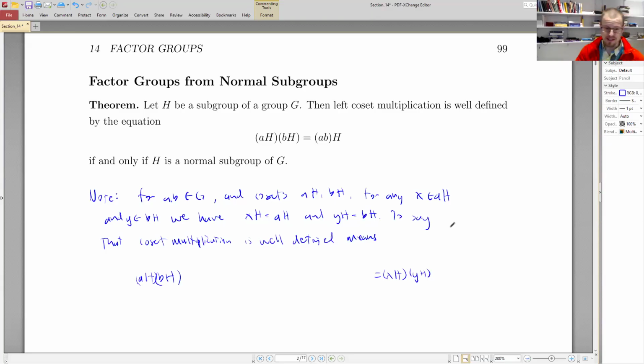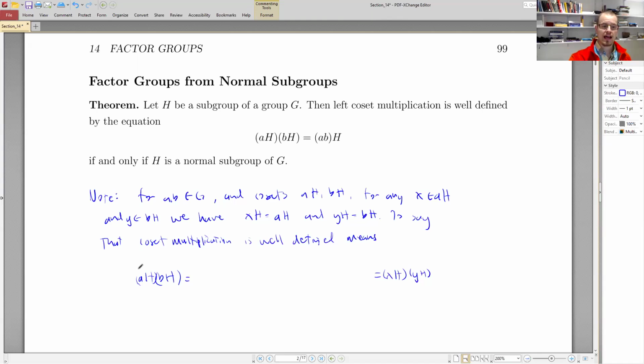And it might seem relatively obvious, because isn't aH equal to xH and bH equal to yH? Why wouldn't they be the same? Well, that's exactly the point. We want to make sure that that assumption, that thing that makes sense, is indeed true. That's what we need in order to say that it is well defined. So what we're going to do is implement the definition.